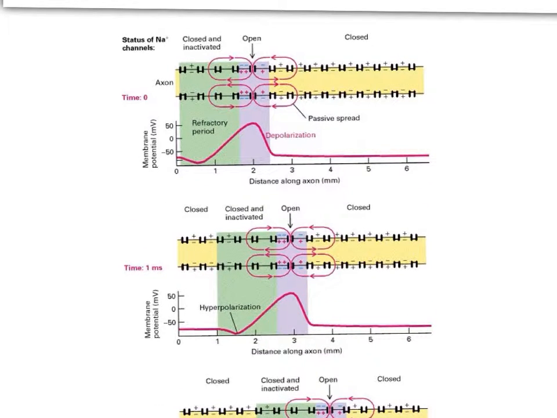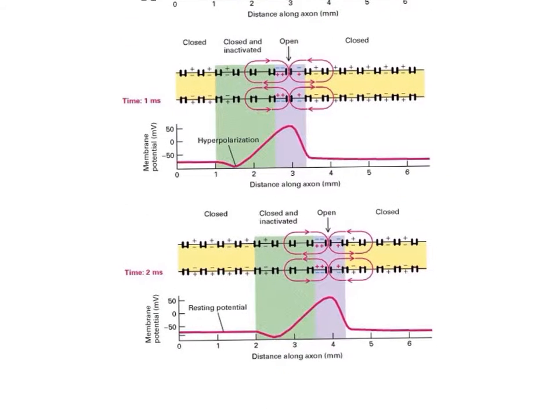In terms of how to interpret this, we've got action potential being reached here at 2 millimeters along our axon at time equals 0. So that's our action potential here. But then the next graph looks at what happens 1 millisecond later, and we can see that 1 millisecond later the action potential has moved to 3 millimeters along our axon.